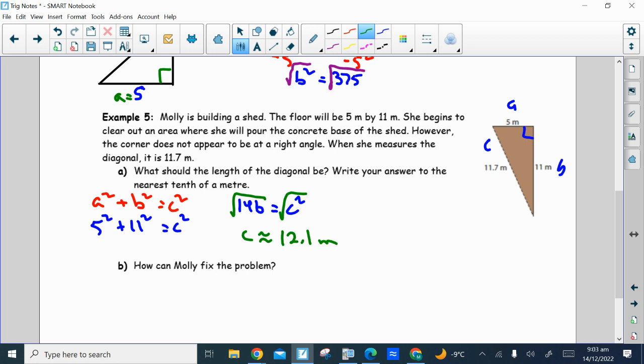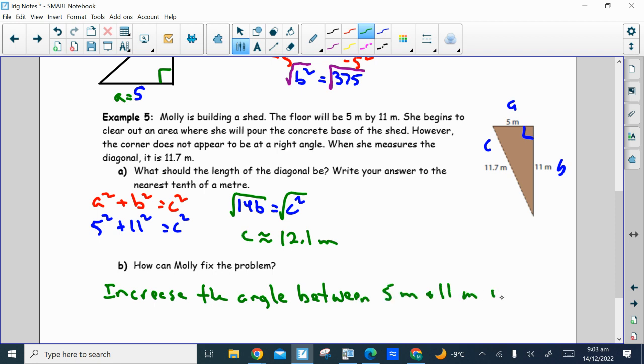So how can she fix the problem? So increase the angle between 5 meters and 11 meters until the diagonal is 12.1 meters.